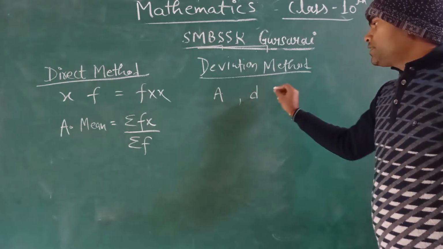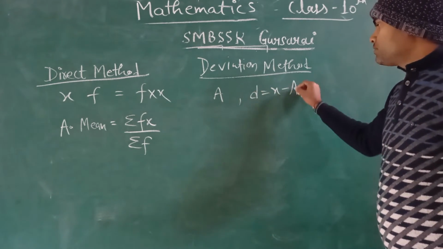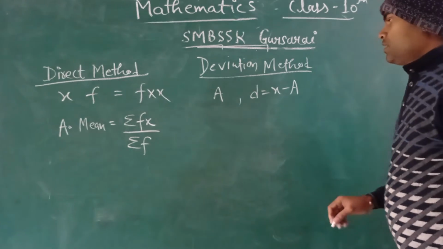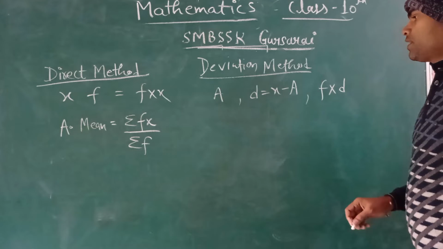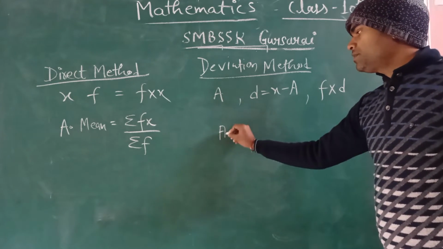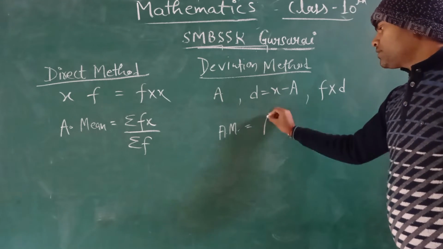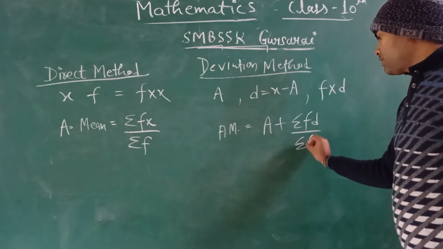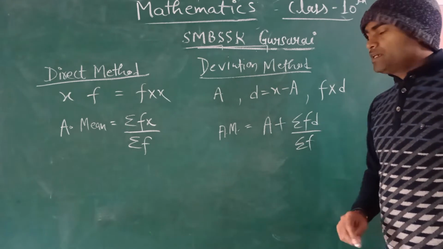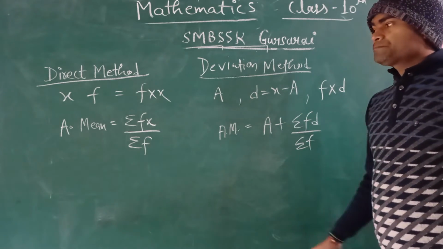After that, we find the deviation d of each observation from a. After that, we multiply f into d and calculate the arithmetic mean by using the formula a plus sigma fd upon sigma f. So there is a slight difference of a.